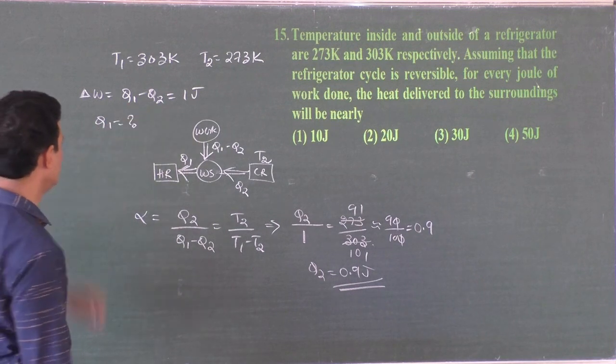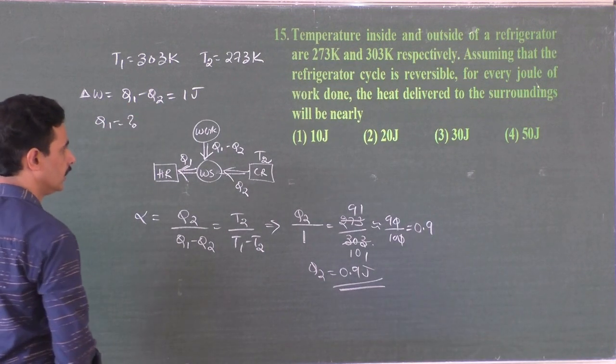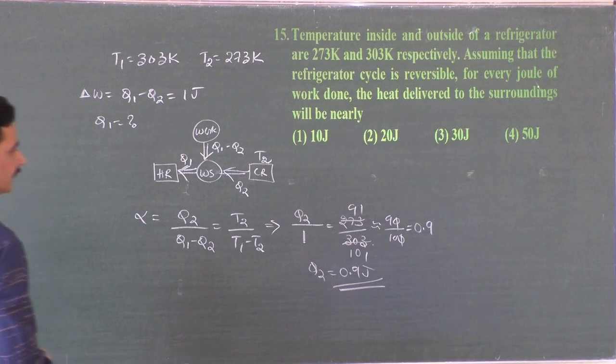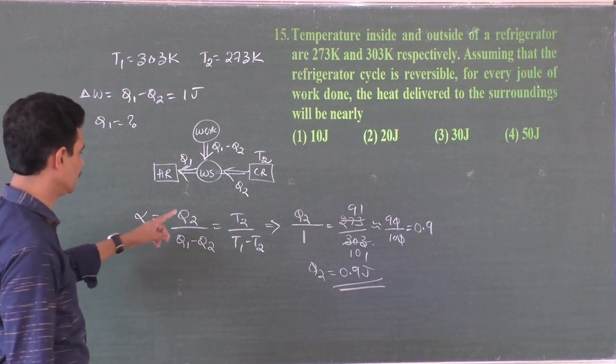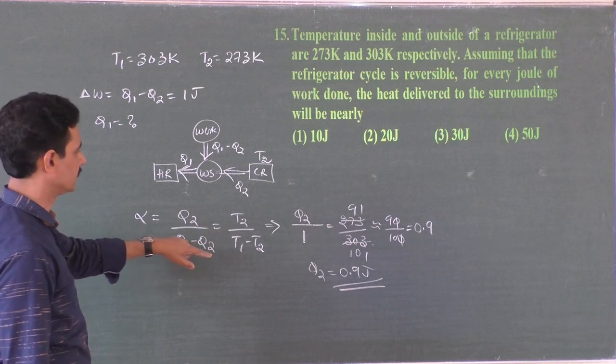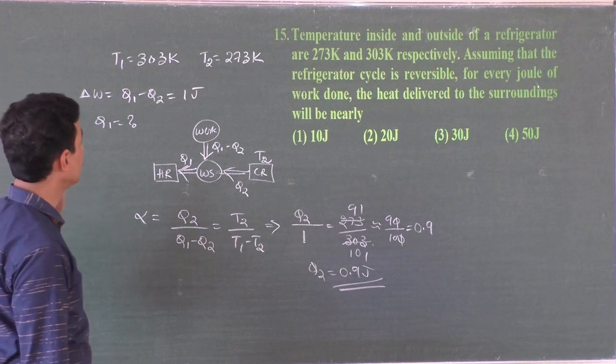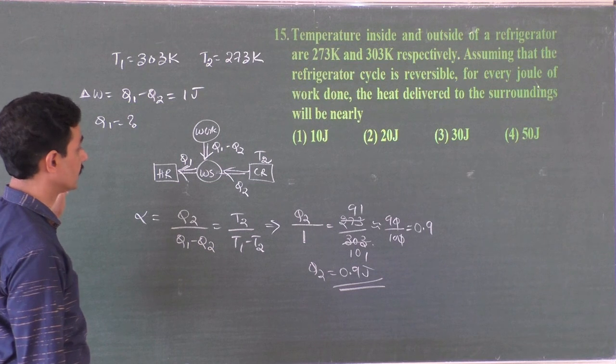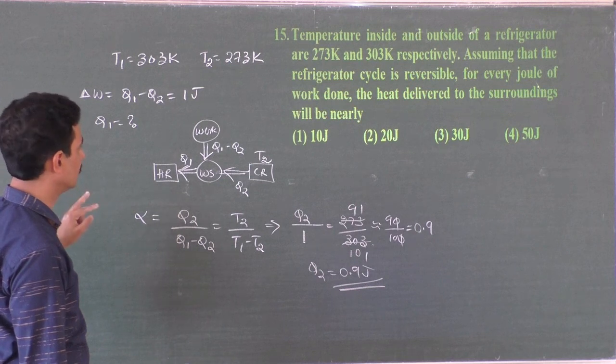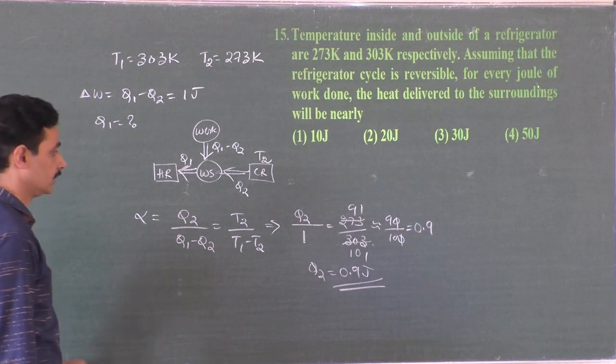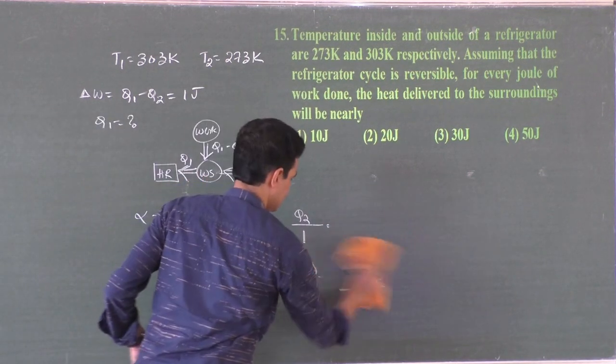Use this formula. Somewhere we have gone wrong. Q2 by Q1 minus Q2 is T2 by T1 minus T2. Q1 minus Q2 is 1 joule. This is wrong.